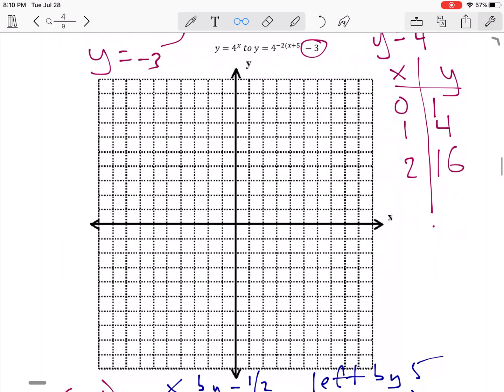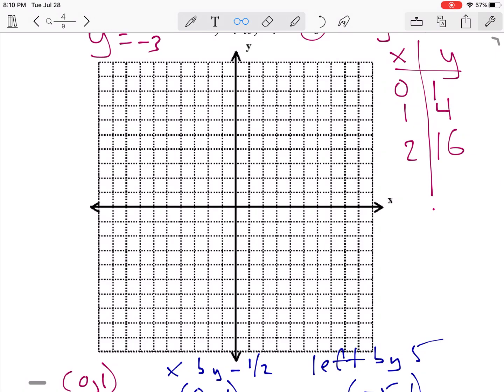So what we can do to start, let's make a grid, and then we'll draw in the asymptote first, and then we'll put all the points on there. I'll call this 12 and 15.